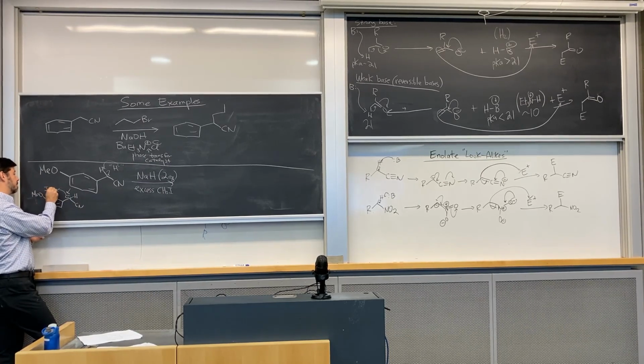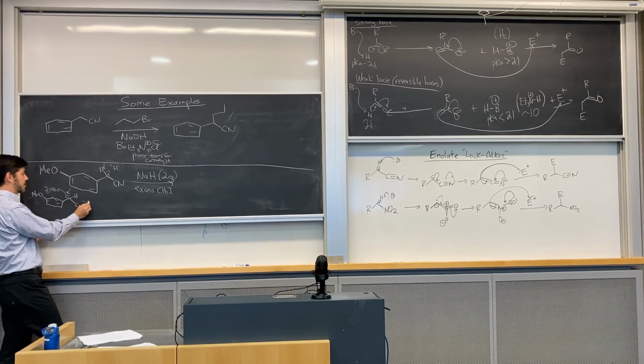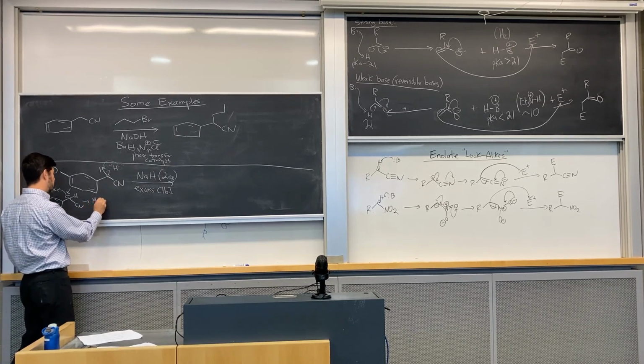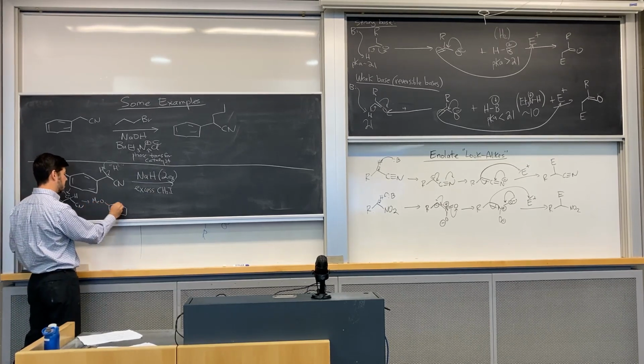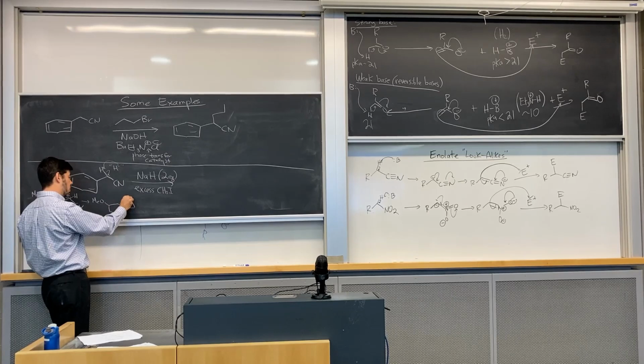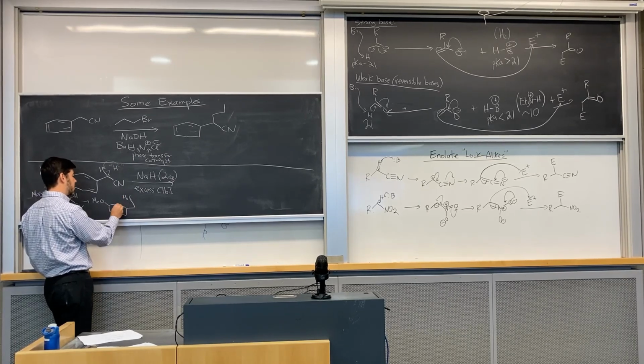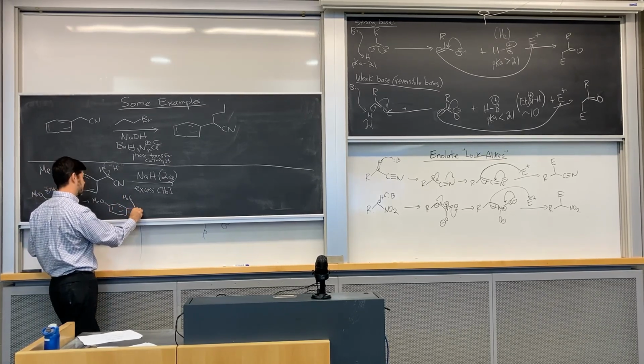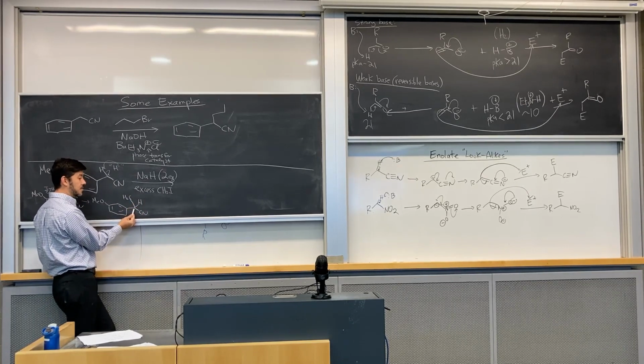So here's a methyl iodide, it's simple SN2 chemistry. When that happens, we have 1 methyl group attached to that carbon. Here's your cyano group. You still have an alpha proton. Now this is acidic because we've done that alkylation.